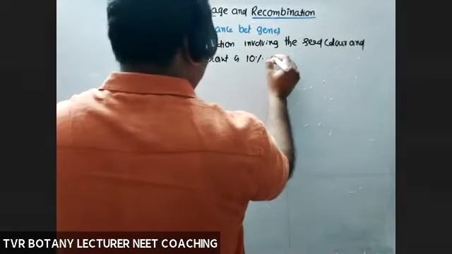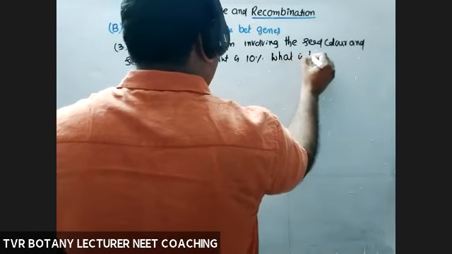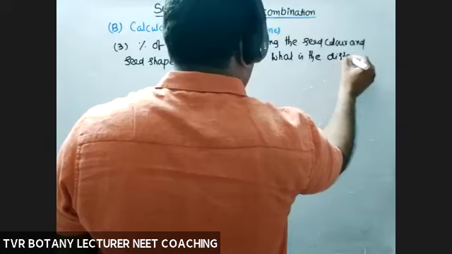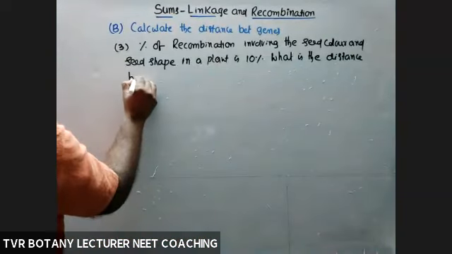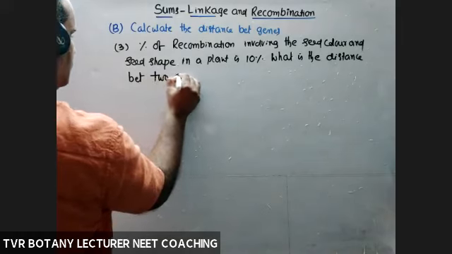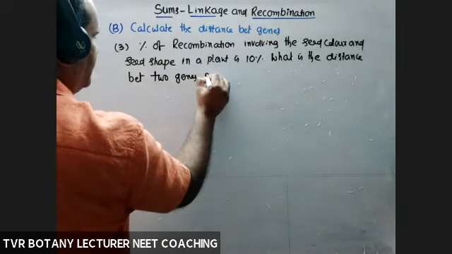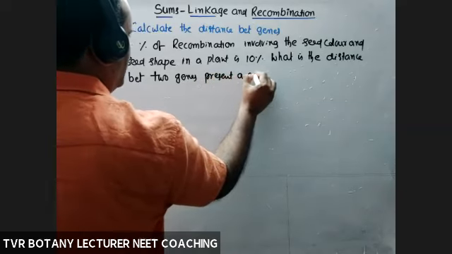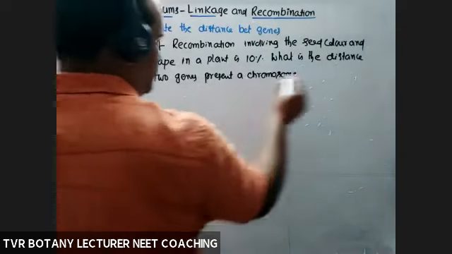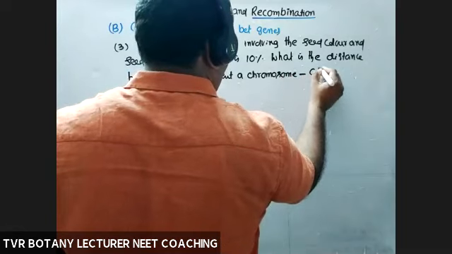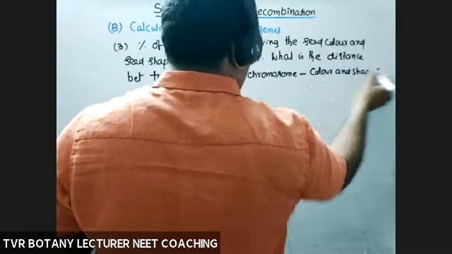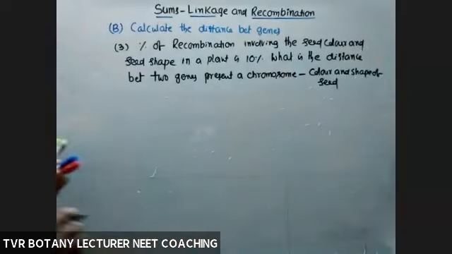What is the distance or map units? Distance between two genes present on a chromosome, color and shape of the seed.